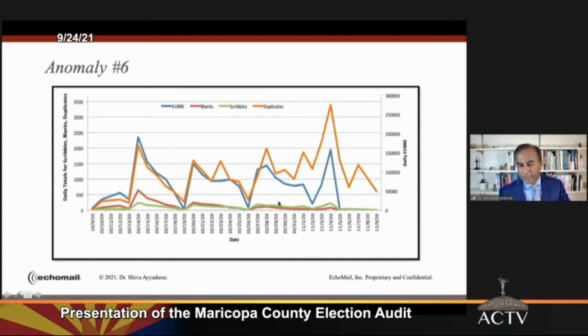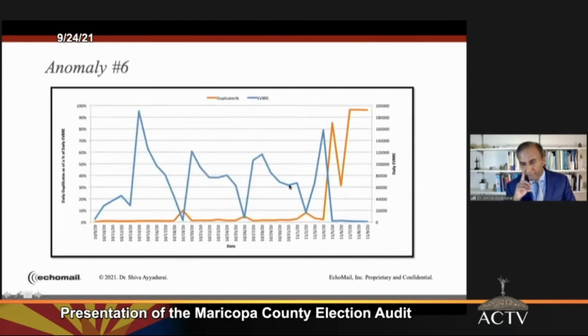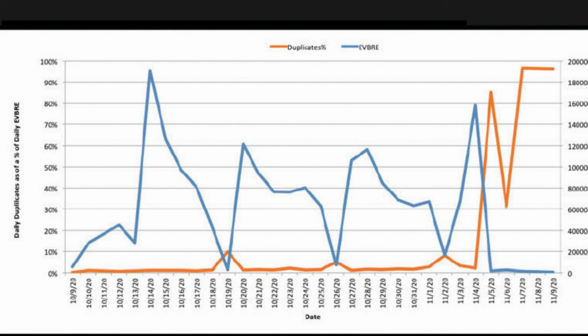So here everything stops. So what we did was we did further analysis on the blanks, the duplicates and the EVBs. And this is what's interesting. What we're plotting here is the duplicates as a function of the daily percentage of EVBs. So here's a signal, but what you see is suddenly what you may call a significant growth in percentage.